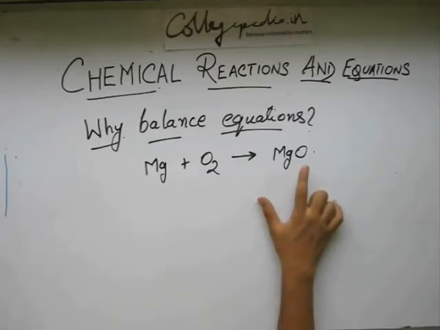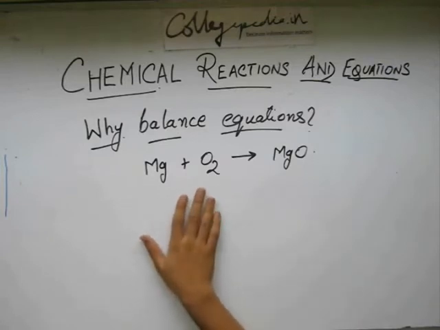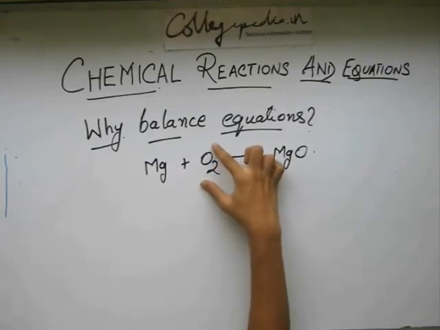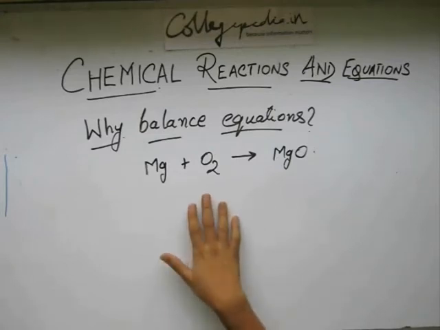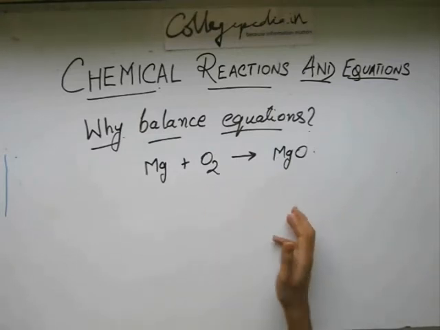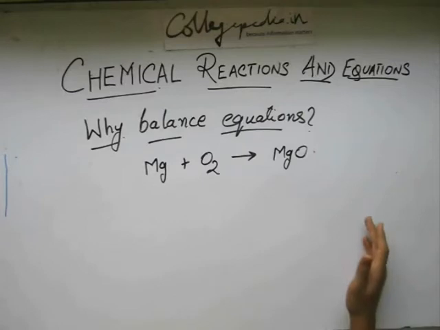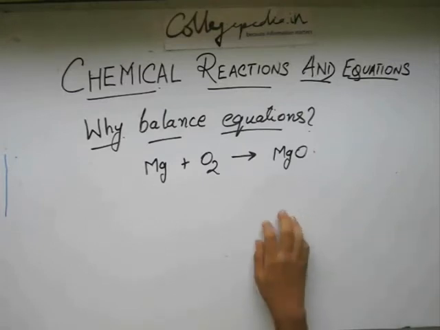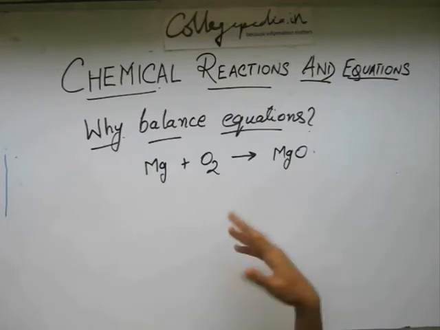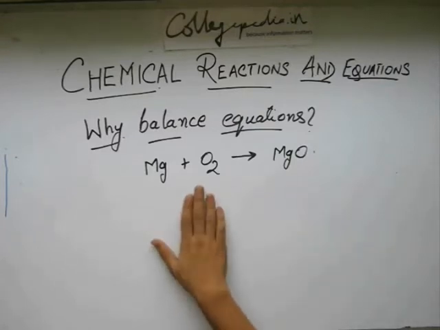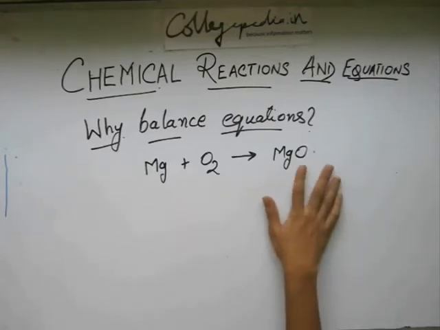So you need to make this 2. You can't make this 1 because there is only 1 molecule. You cannot make it half a molecule because they will always react in whole molecules. You cannot have half molecules reacting, or quarter molecules, or any fractional number of molecules reacting. So you cannot make this half, so you make this double.